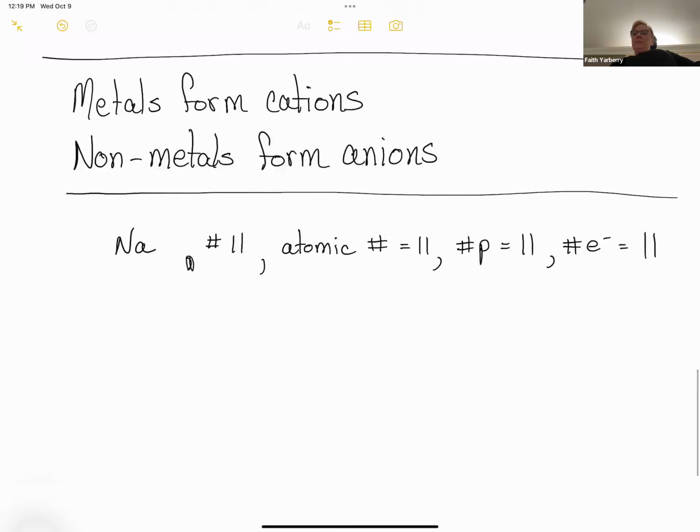The other thing that I note is that sodium is a metal because it is to the left of the metalloids.